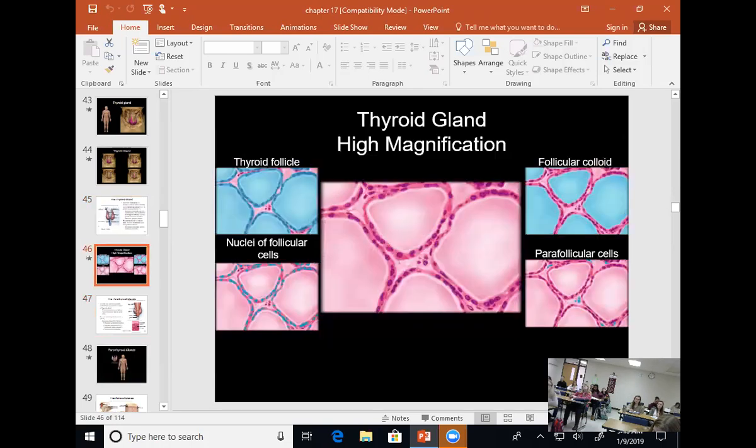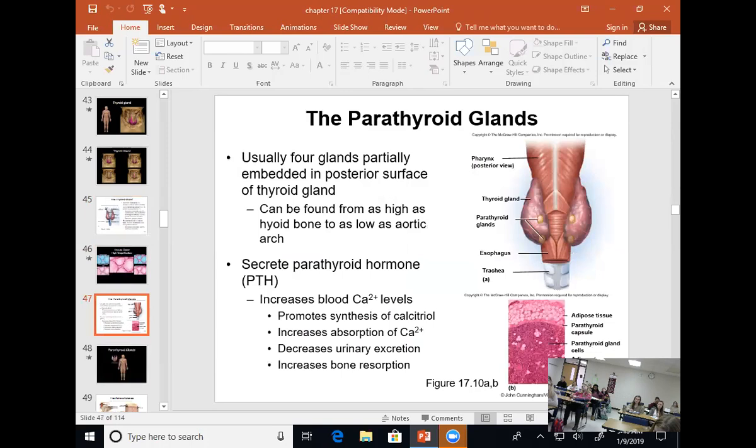All right, now, I don't care about the histology, nobody's going to ask you that. If I looked at a posterior view of somebody and I could see right through here where my hand is, I would see the thyroid gland wrapped around the trachea. So this is the thyroid.